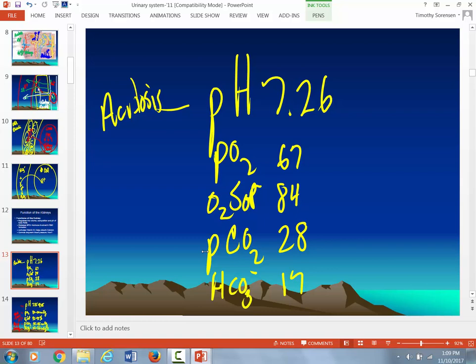What should the pH be? That pH should be alkaline, but it is acidic. You got me? So the PCO2 is low because the respiratory system is trying to blow off more CO2 at the lungs because you are making more acid, hydrogen ions, at the cell.